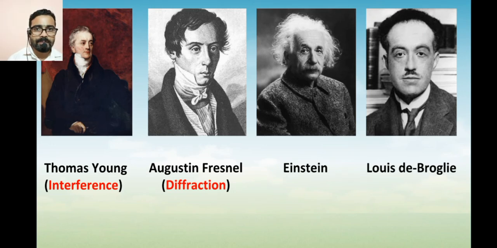So this is about wave optics. Wave optics is the study of light and its phenomena like reflection, refraction, interference, diffraction, polarization, and also the study of some theories of light. So as a whole, it is called wave optics.